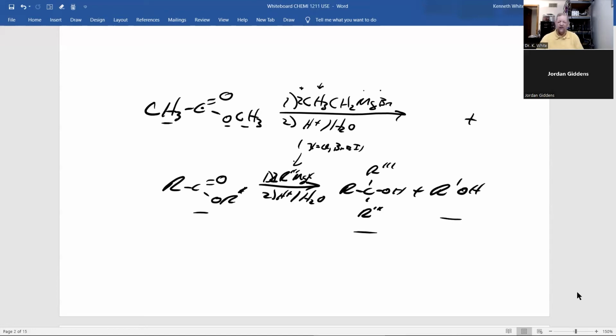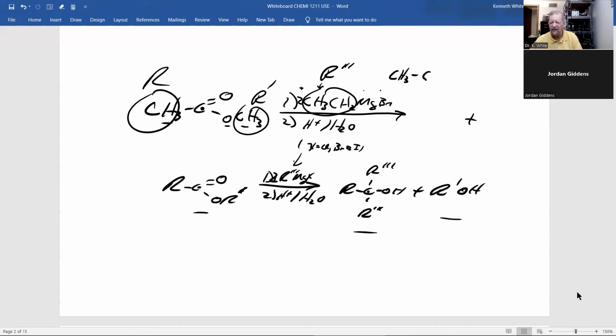On the final, I will. And what's my R group? Methyl, R prime, methyl, R triple prime, ethyl. So keep your eye on the first carbonyl. That becomes this one right here. So my R group is methyl, carbon, OH, and my R triple prime, two of them, are ethyls.